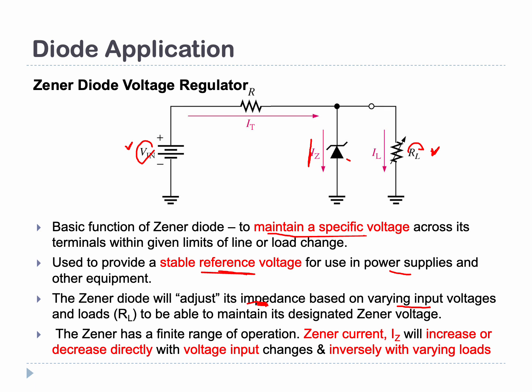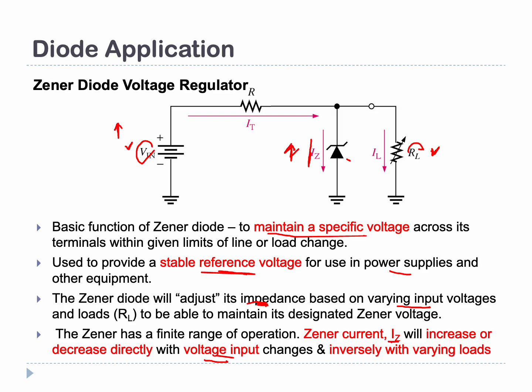Zener has a finite range of operation, usually called the Zener current, which will increase or decrease directly with the input voltage. Meaning that if your input voltage is increasing, your Zener current will also increase.